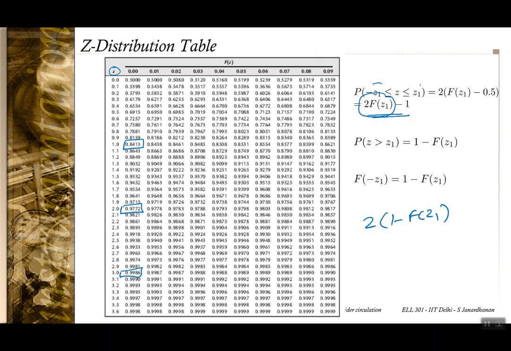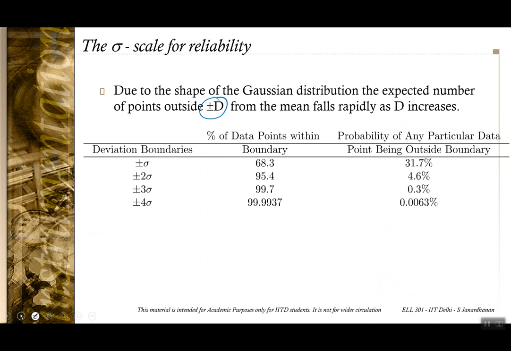So there is a rapid change in the value of f of z as z increases. The graph tapers quite sharply, and that can also be seen by seeing the deviation boundaries at plus and minus sigma.